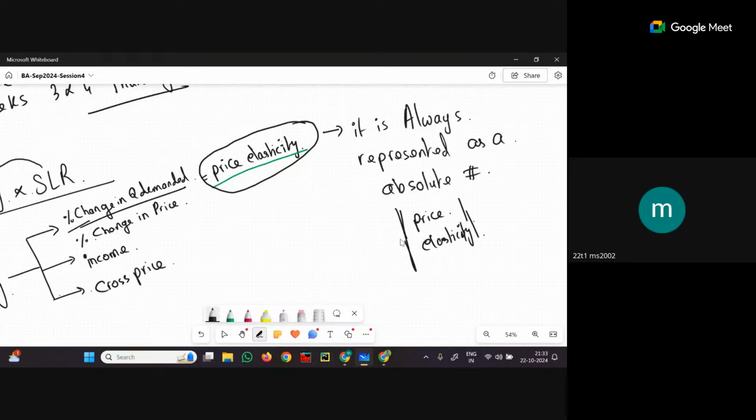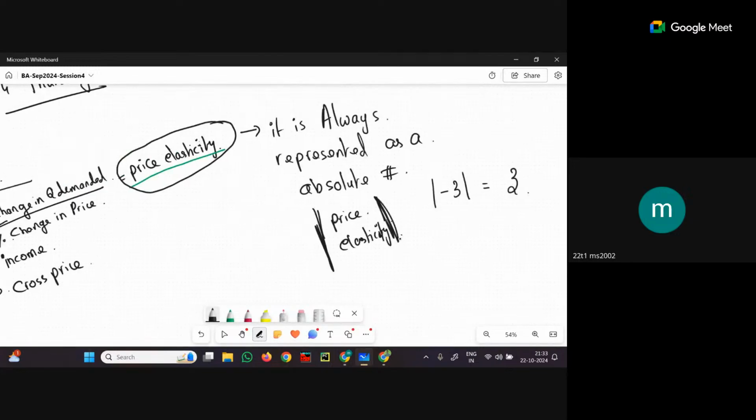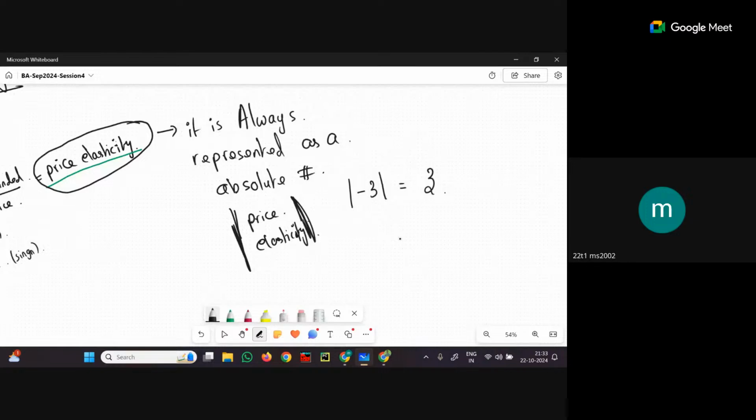So even if your elasticity is negative, you will represent the mod value and say the price elasticity is 3. That is the first thing that you'll have to remember. Whereas for income elasticity and cross price elasticity, the sign becomes very important. In price elasticity, only the magnitude is important.